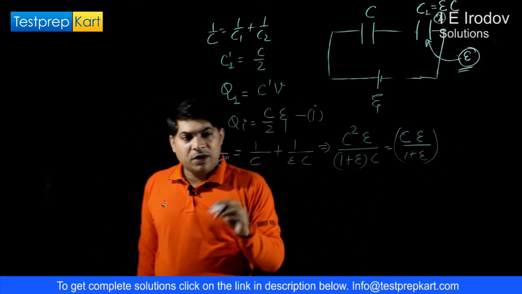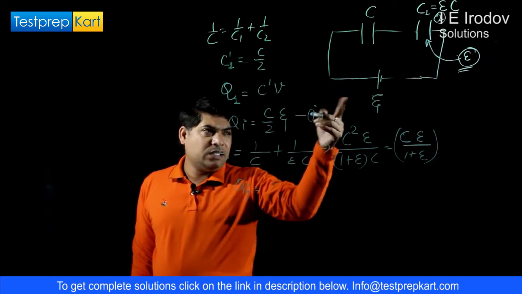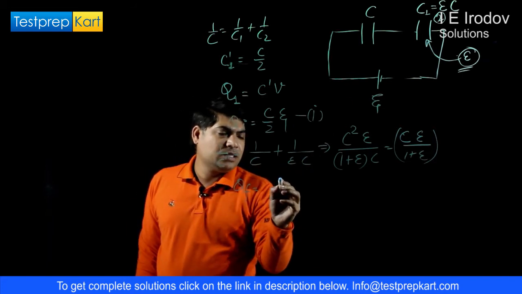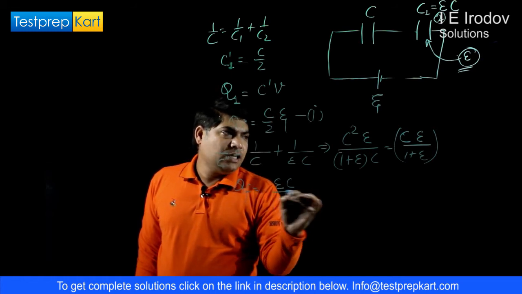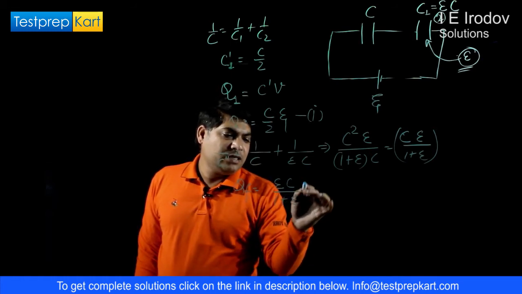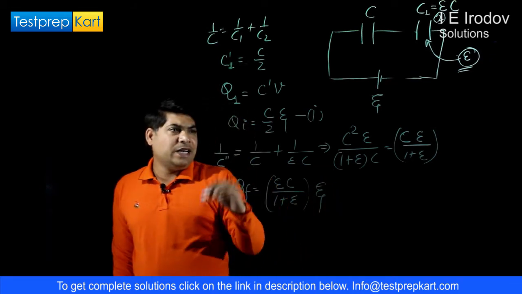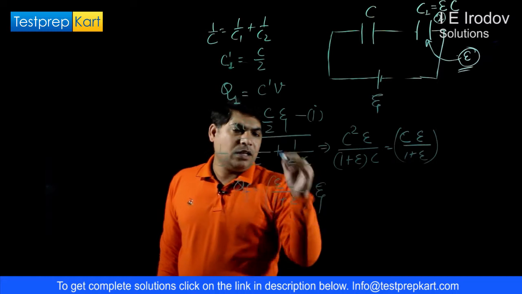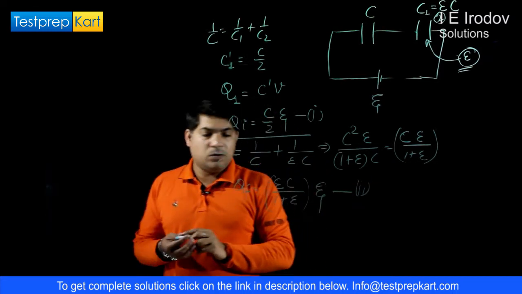From here we can find the charge at the final stage. The same potential is still applied across this, so this is epsilon C over 1 plus epsilon into E. So the net charge in the first case is given in equation 1 and in the second case in equation 2.